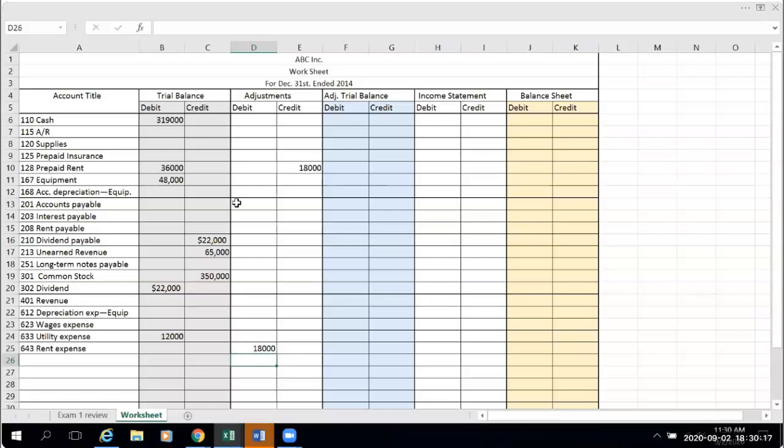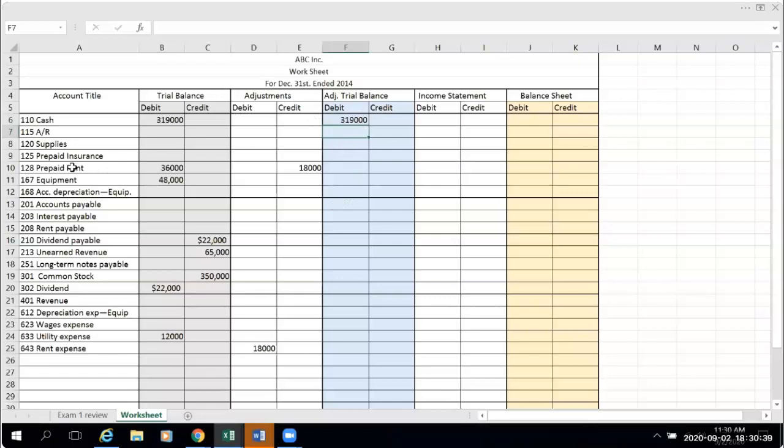So let's do one more. Just so you know here, how much cash do we have if there is no adjustment? If there is no adjustment, the cash we have equals to that box. Enter. In the adjusted trial balance, that's what we have.